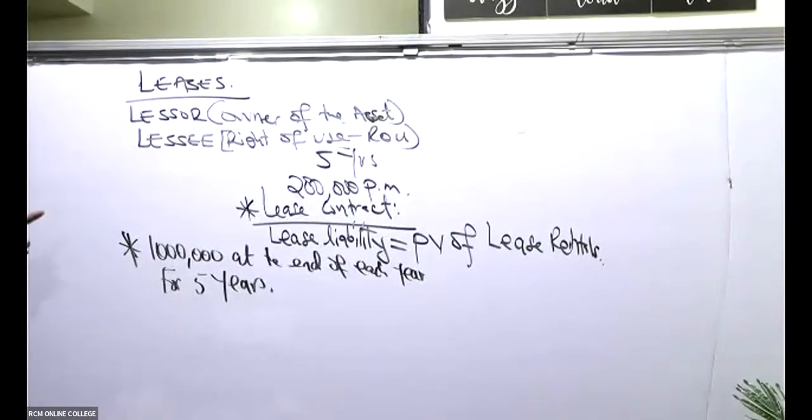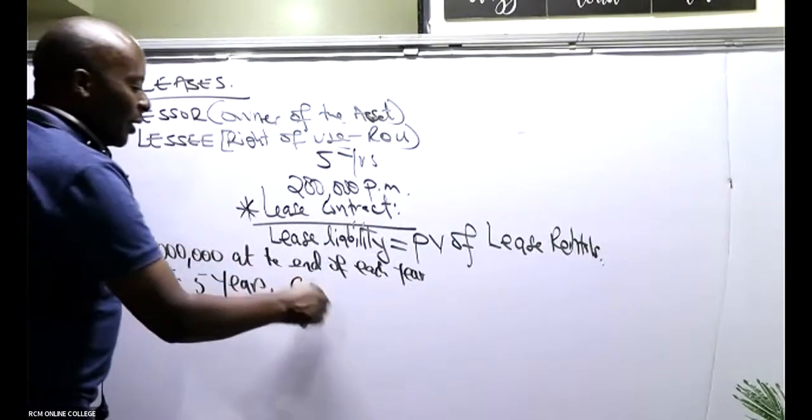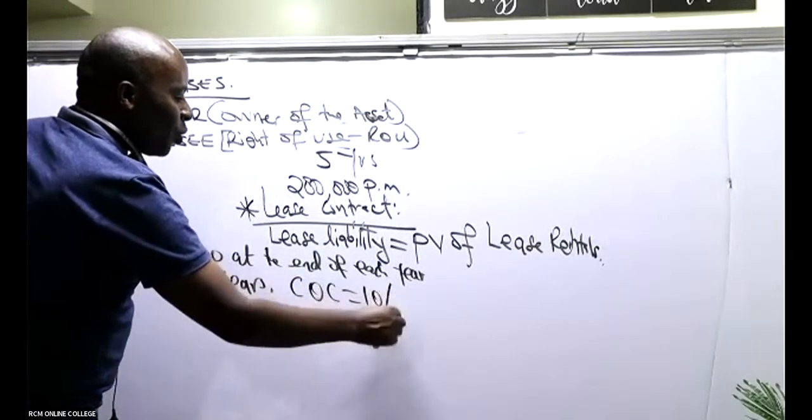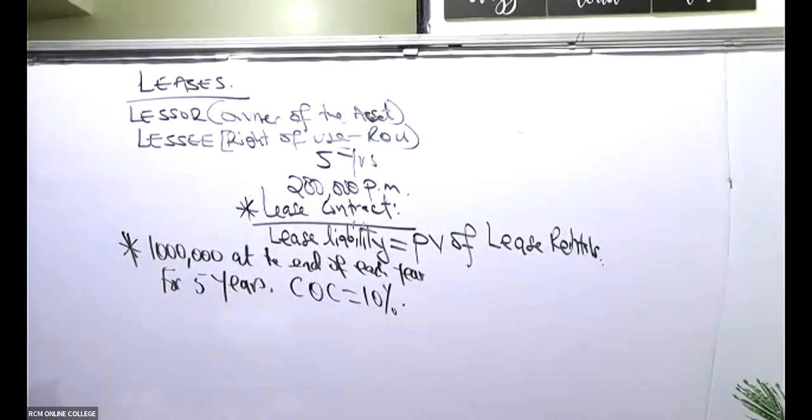In this case, the lease rental is 1 million shillings every year, at the end of each year, for 5 years. And then they have given us the cost of capital, the COC, at 10%.